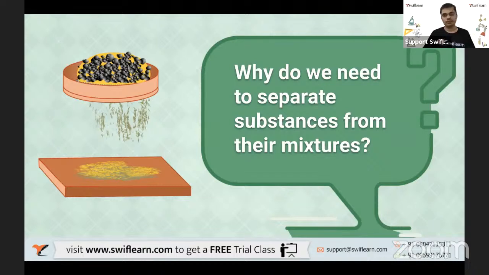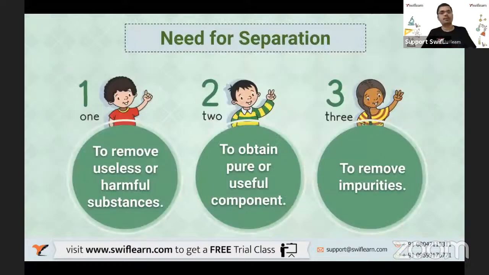Very good. Okay. So then how to separate? Let us discuss. Need of separation. What is the need of separation? The first need is to remove useless or harmful substances. Very good. Second is to obtain a pure or useful component. That is correct. And third, to remove impurities. The purpose of all these three points is the same, right?